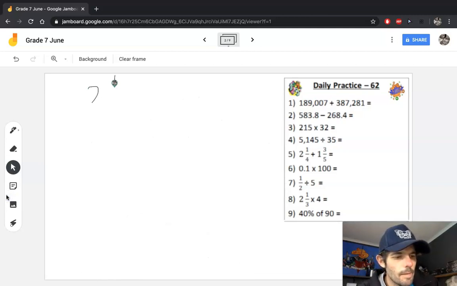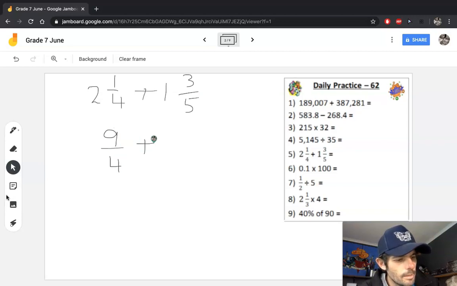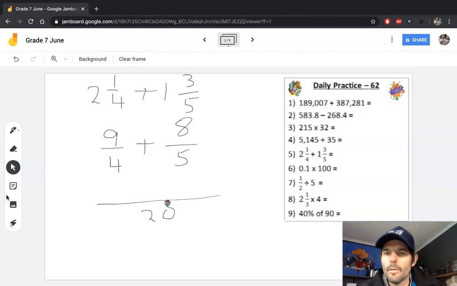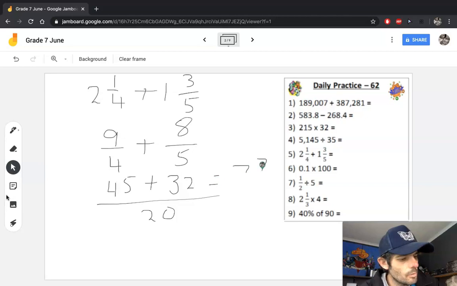So you've got a mixed number, or two mixed numbers, and the first thing you can notice is they've got different denominators. So I am going to first change them to improper fractions, and I'm going to add them like this. Okay, I can see my lowest common denominator of 4 and 5 is going to be 20. 4 goes into 20 5 times, so 5 times 9 is 45. 5 goes into 20 4 times, so 4 times 8 is 32. And if we add those together, we get 77 over 20.